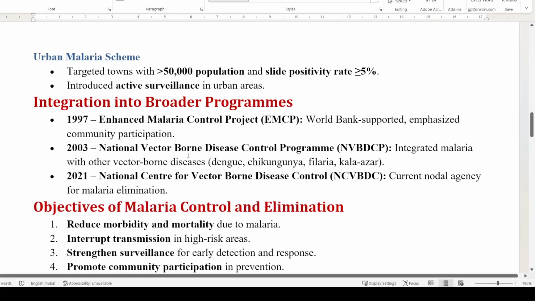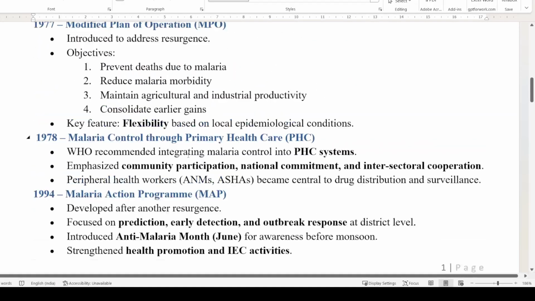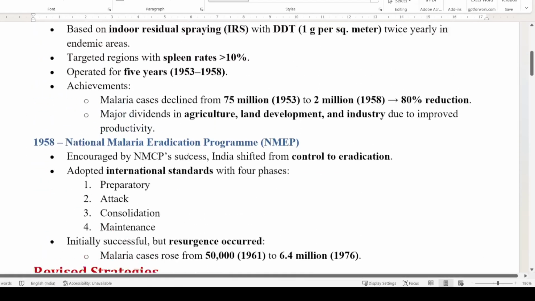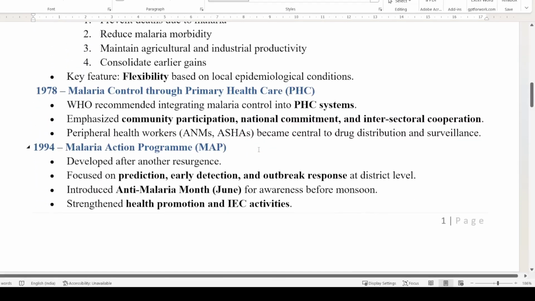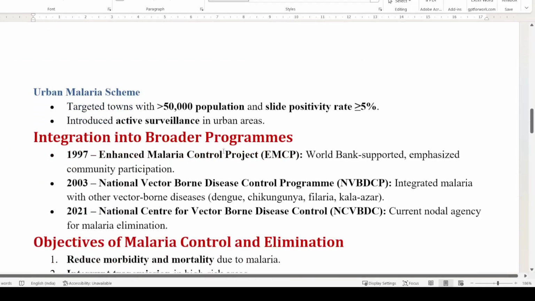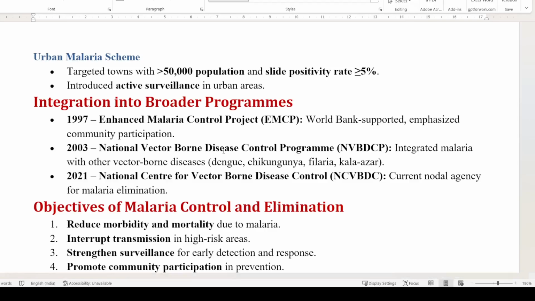Now, in the programs which came before, like we talked of NMCP first, then NMEP, MPO, then MAP came up. What happened is the program was not foolproof, or the results were not coming, or you can say the outcome was not as expected.